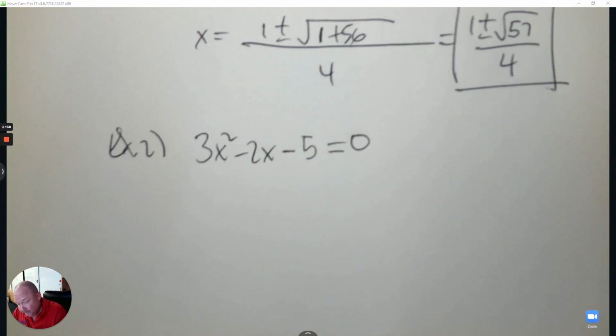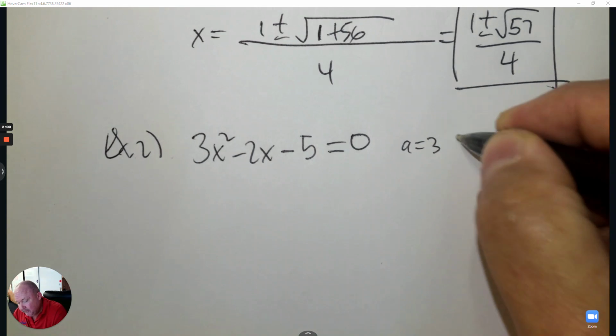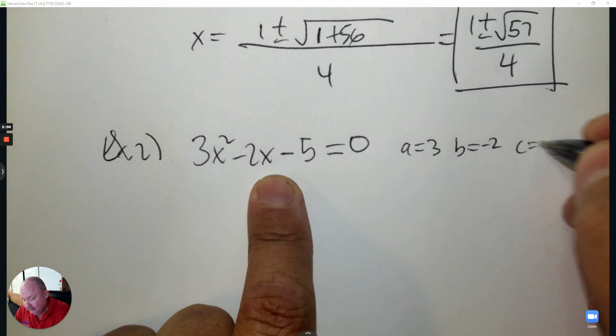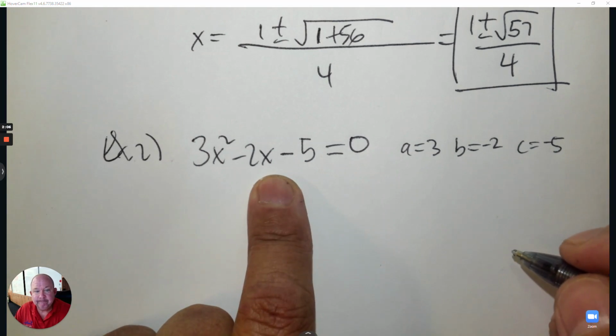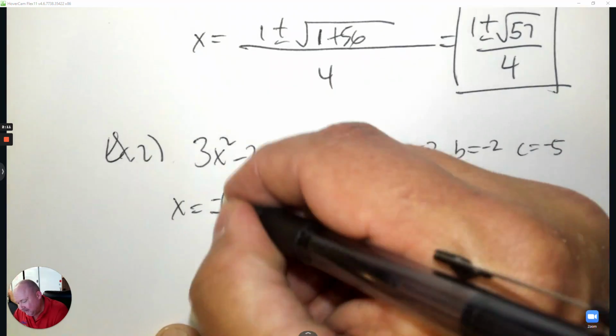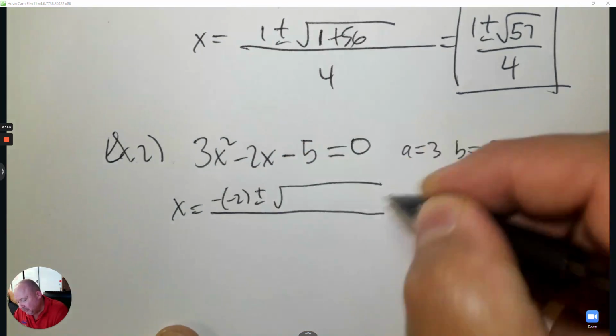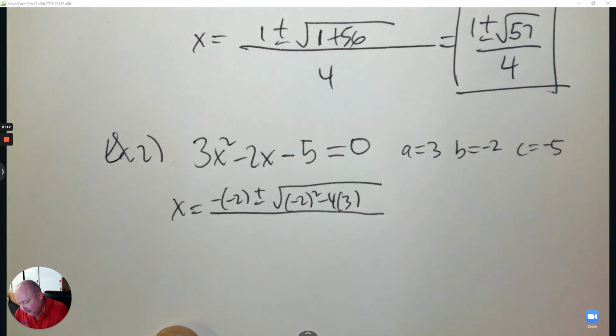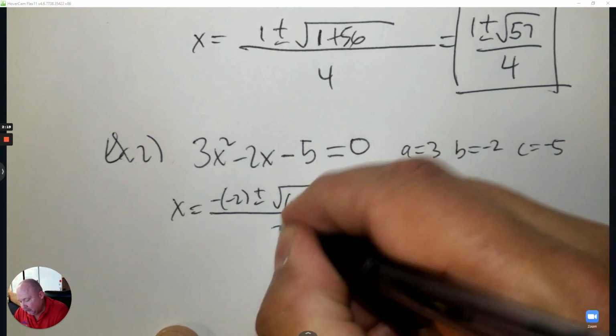So, a is 3, b is negative 2, and c is negative 5. The formula is x equals negative b plus or minus the square root of b squared minus 4ac, all over 2a.